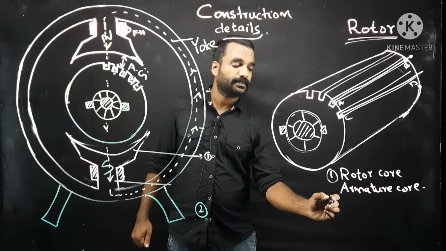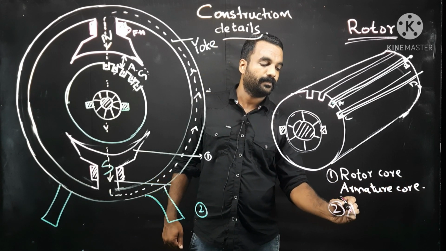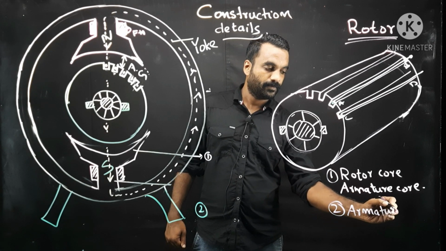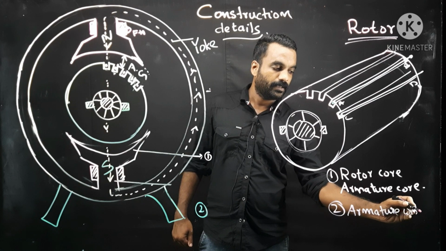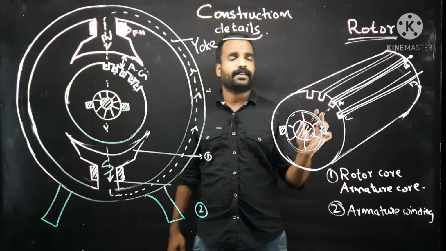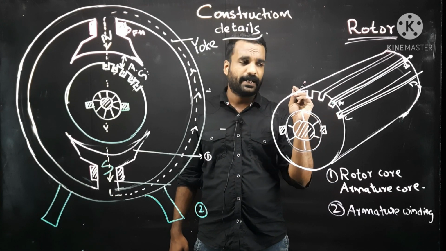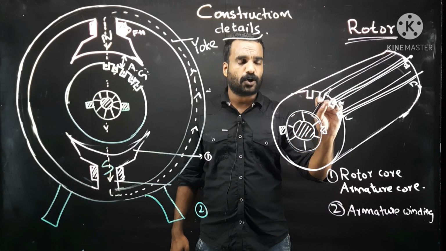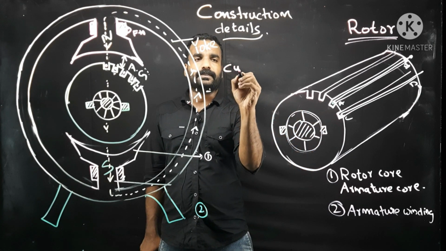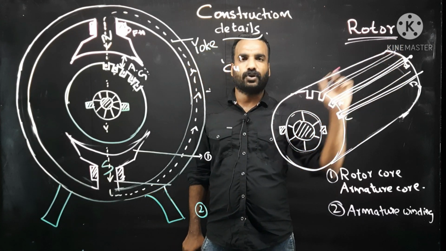And the next part is armature winding. In that, you have to write a few points. Armature windings are copper conductors inserted in the slots. That is the first point.